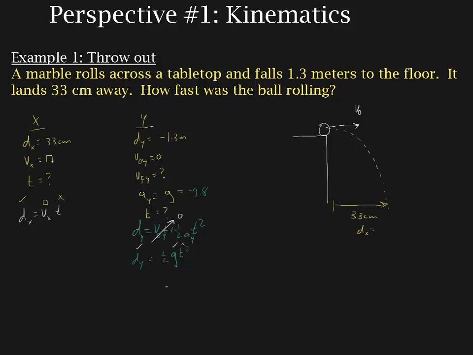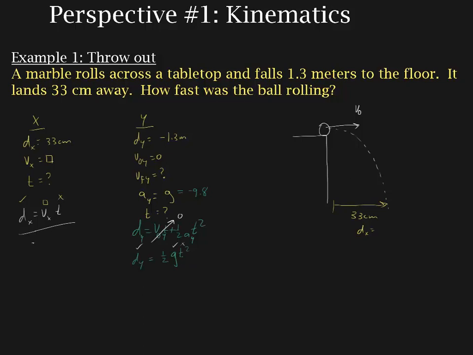So what do we do? We could either solve the x equation for t and substitute it into the y equation, or we can solve the y equation for t and substitute it into the x equation. My advice would be to solve the x equation for t and substitute that into the y equation, because then we won't have to deal with a square root.